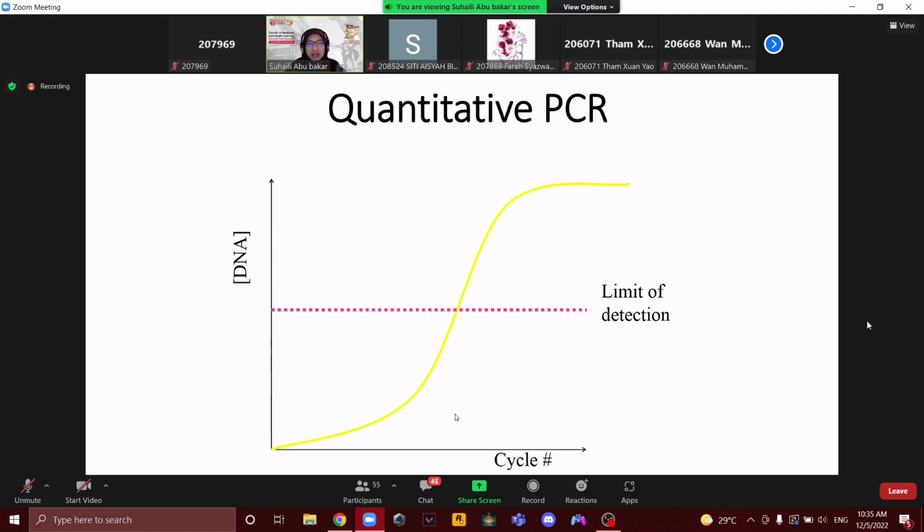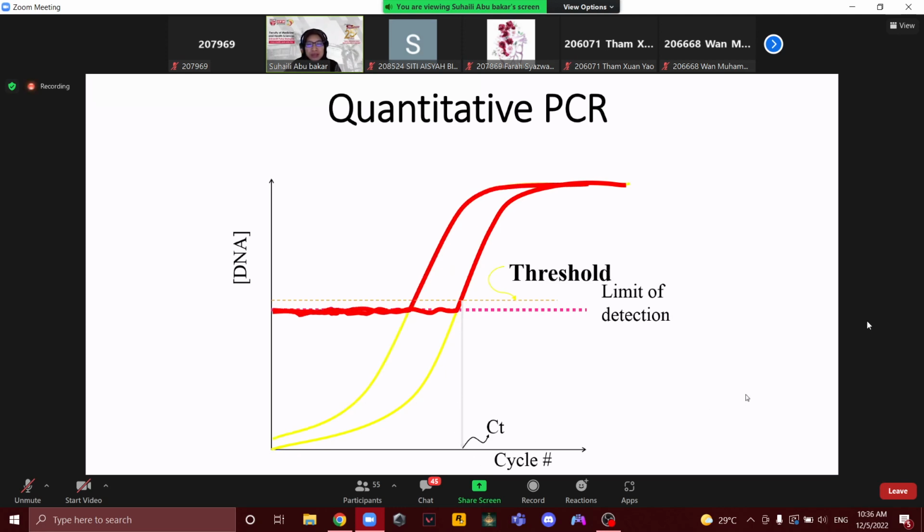But actually after this cycle, barulah you detect. Then your experiment is detected. So you have to consider this as the first detection. Okay. So you have to plot, okay, a new graph threshold. Boleh? So from here to here, consider as the C threshold. Okay, cycle of threshold. Okay.